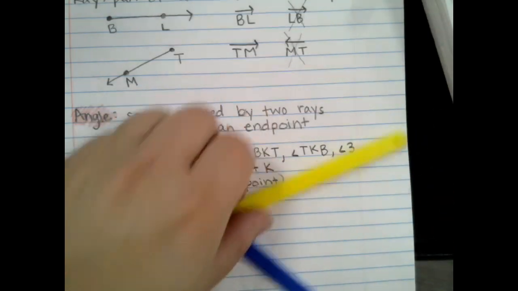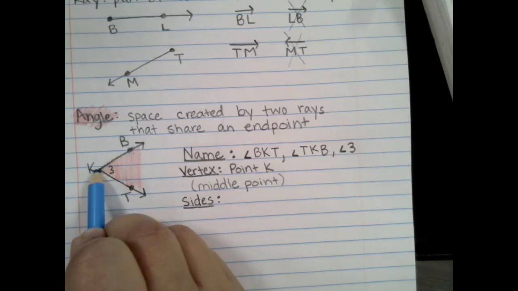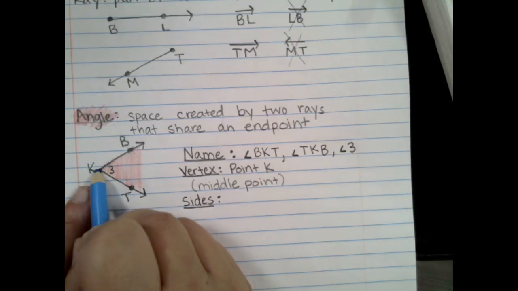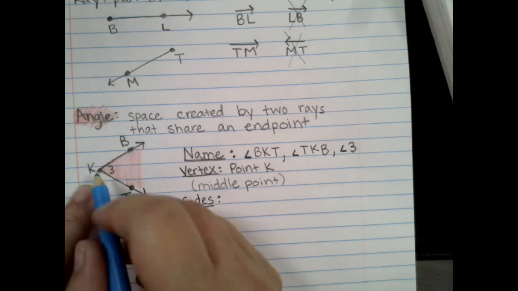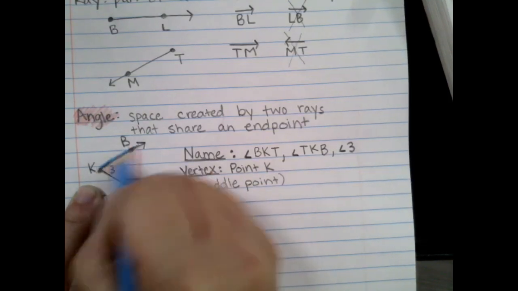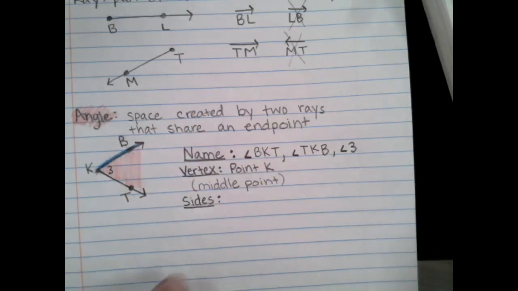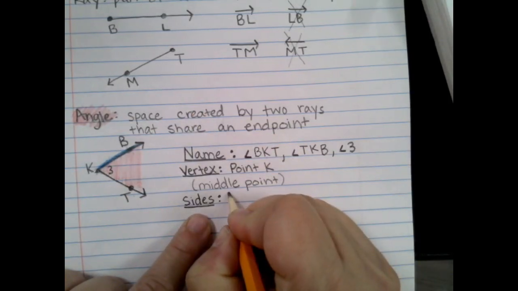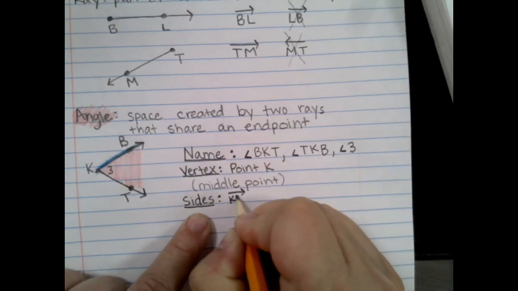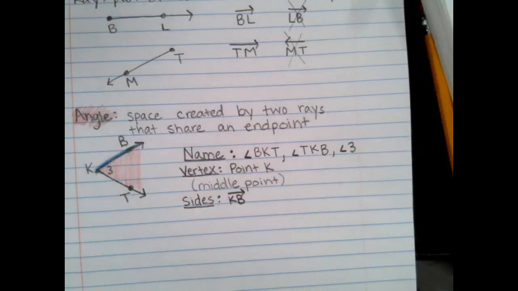I would start at K, and where does it go to? B. Okay, KB. But it keeps going on and on and on. So for the side, we have ray KB. It starts at K, it goes through B.